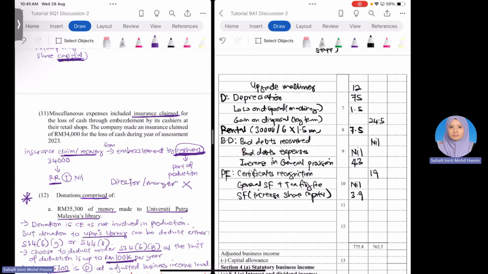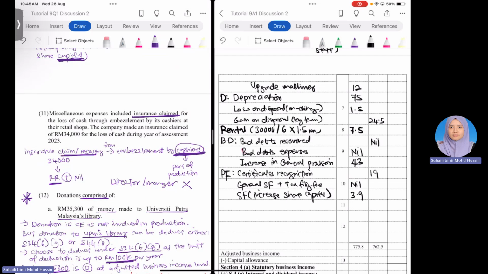And when you claim the amount from the insurance company, the amount is subject to tax. But if the embezzlement is done by the director or manager, you can deduct the amount, but you cannot claim back from the insurance company, because the director and manager are not part of the production. They monitor us to work. So it's a different tier lah.